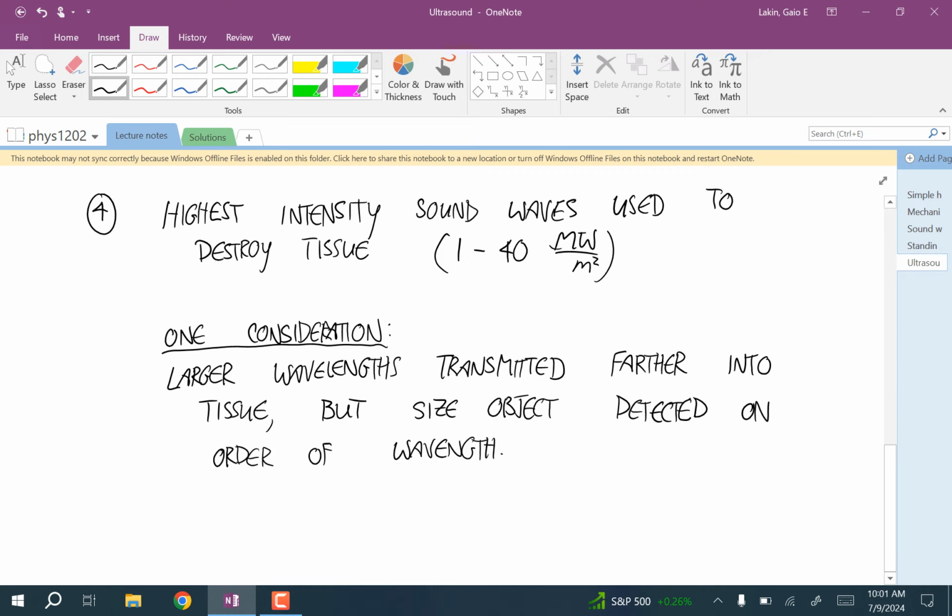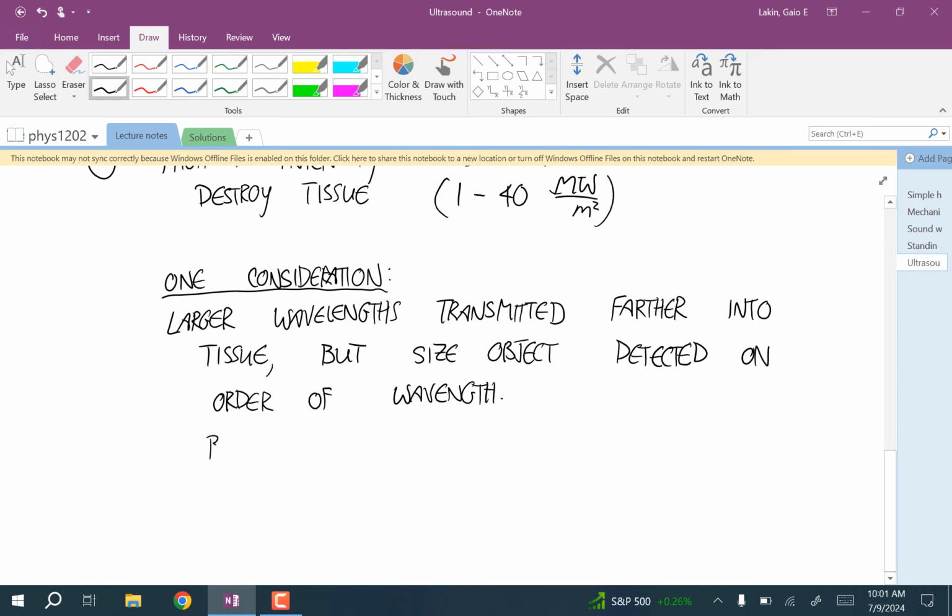And so you have to balance these two things. You want to be able to transmit without losing a lot of energy of the wave. So that makes you want larger wavelengths. But you also want a small enough wavelength that you can discern objects at the resolution that you need.